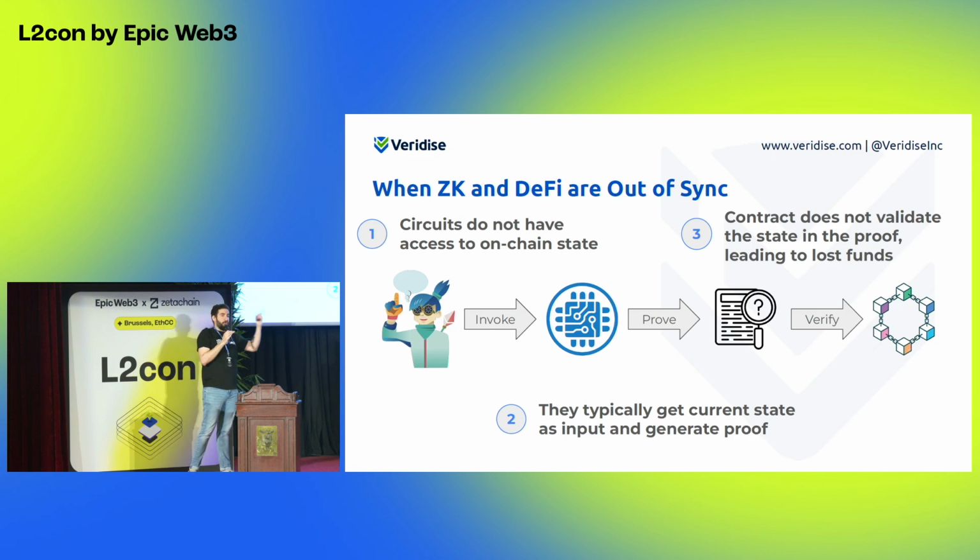Of course, off-chain components don't have access to on-chain data. So whenever you want a circuit that operates over on-chain data, you have to pass the current data to the circuit, get the output, generate the proof, and post the overall proof on-chain.